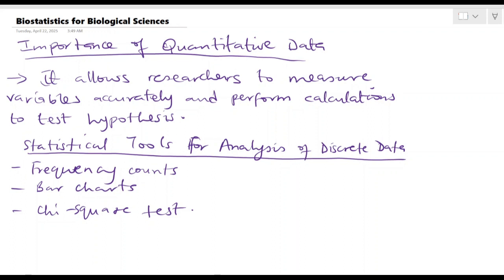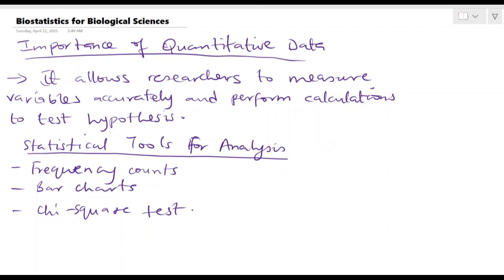So how about continuous data? Let me just do this like a table here. Take my eraser and wipe this. So what we have here is statistical tools for analysis.